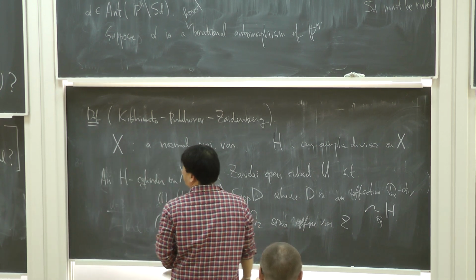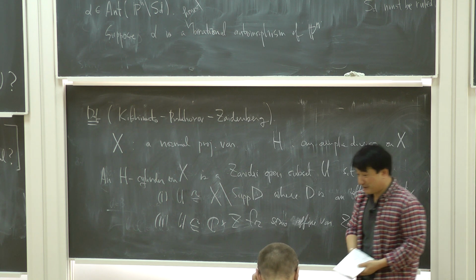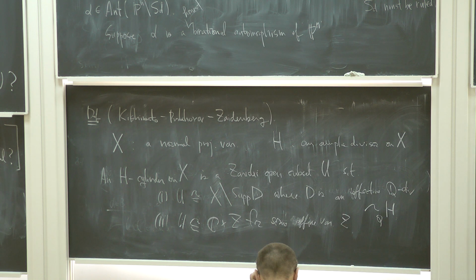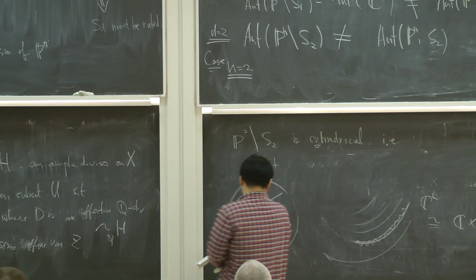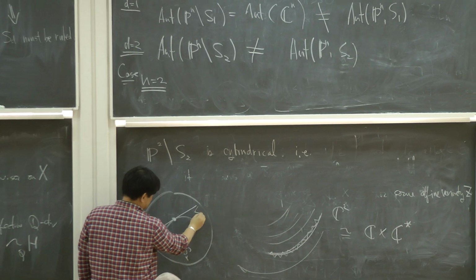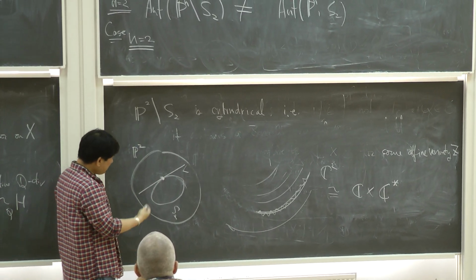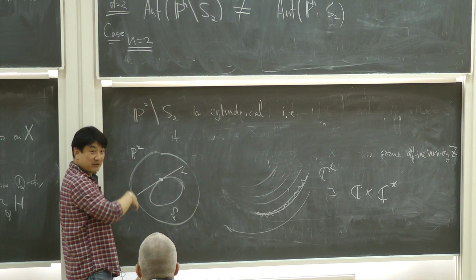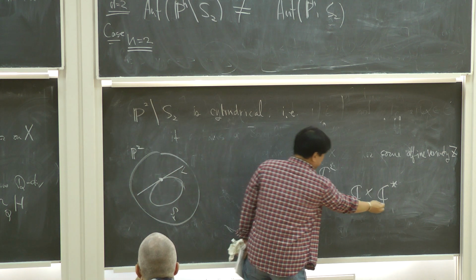All right, so let me give you a simple example right here. This is a typical example. So here, let's say this line is L, and there's a conic, and you have the P2 here. Then I explained the complement of this conic divisor is a cylinder, so isomorphic to the others.